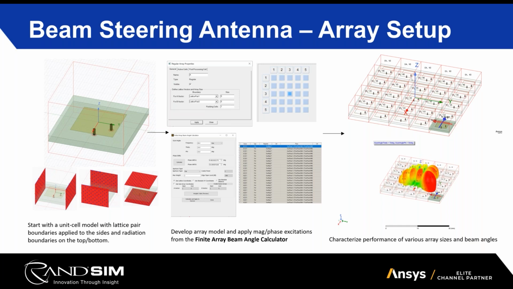From there, using those applied boundaries, it will create an equivalent model that allows us to take the solution solved from one and propagate that with the associated boundary shifts to recreate and give us the response of the entire array as we'd expect it.